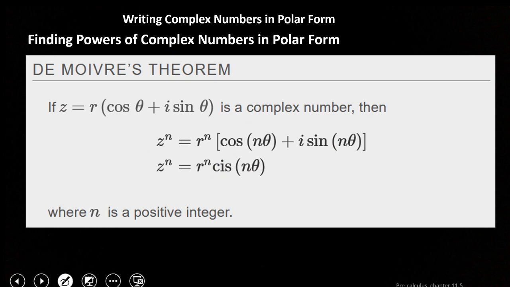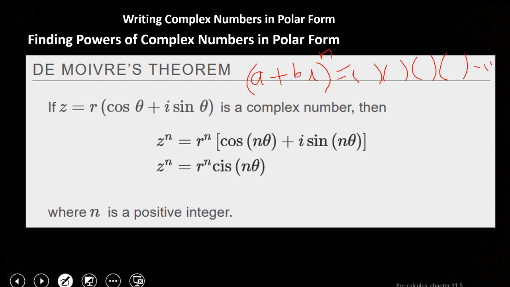Okay, De Moivre's theorem says that if you want to take a complex number, let's say a plus bi, and you want to raise it to, let's say, the nth power, that would be really tedious to do in algebra because you have to write it n times and then multiply.